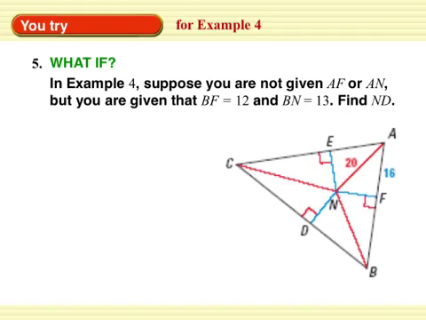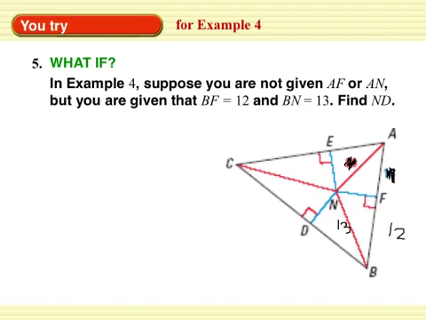Okay, you try this one. Same sort of problem. Suppose you're not given AF, let me scribble that out because I just copied this diagram over, or AN, but you are given that BF equals 12, and BN equals 13. Find ND.